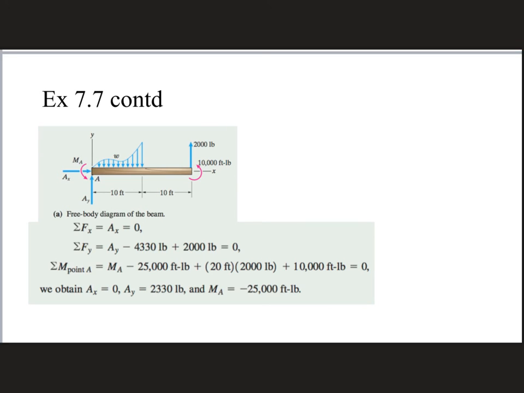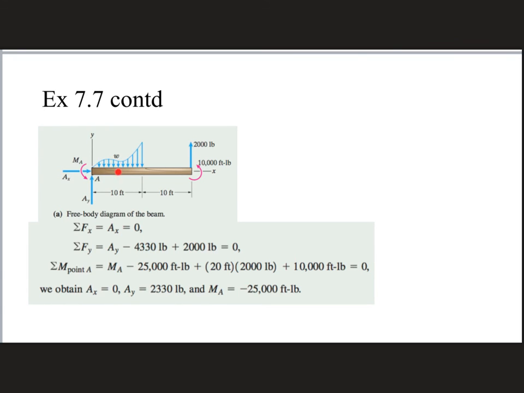So we, again, simply apply the sum of the forces in the x direction, the sum of the forces in the y direction. In the x direction, we have the sum of the force AX is equal to 0. And the sum of the forces in the y direction, we have AY, which is obviously going to be in the positive direction. Again, that's essentially the reaction of the floor pushing up on the beam at point A. And we can say that we have minus 4,330 pounds down.